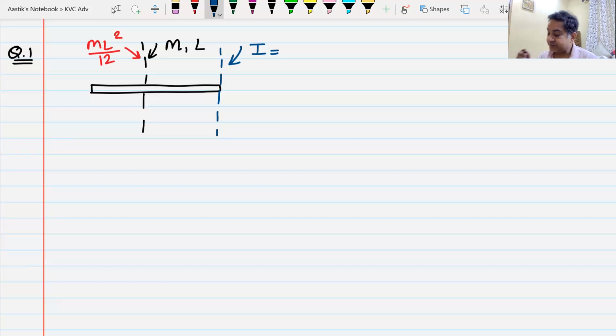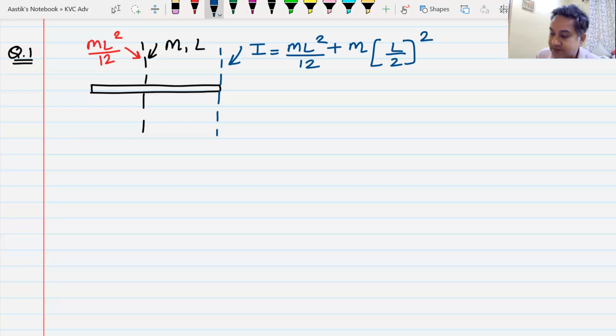How did you get it? From parallel axis theorem. So it is mL square by 12, which is the moment of inertia about the center of mass axis, plus m into distance square. Distance between the two is L by 2, so (L by 2) square. You can add these two terms and the answer would be mL square by 3. Do we understand this? Yes, sir.